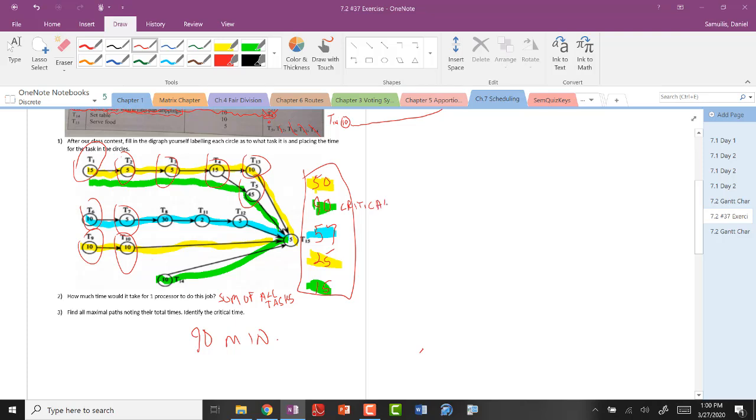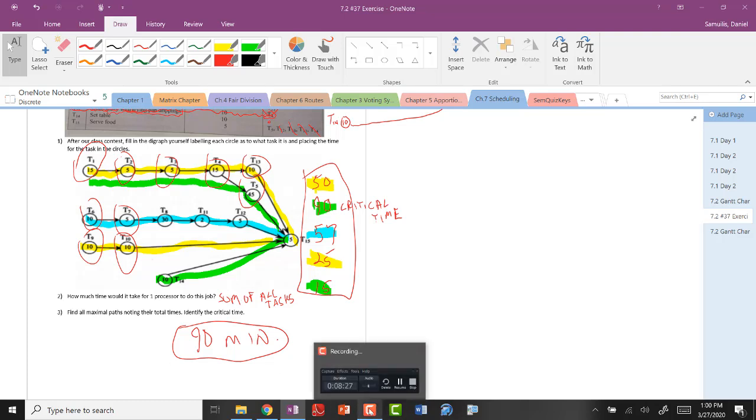It is the time that we are shooting for. We are trying to get this done in the most efficient manner possible. It could not be any less than this, though. The idea of each task is if I put 34 people working on task one, it's still going to take 15 minutes. That's the spirit of this chapter, so make sure you understand that important concept. All right.